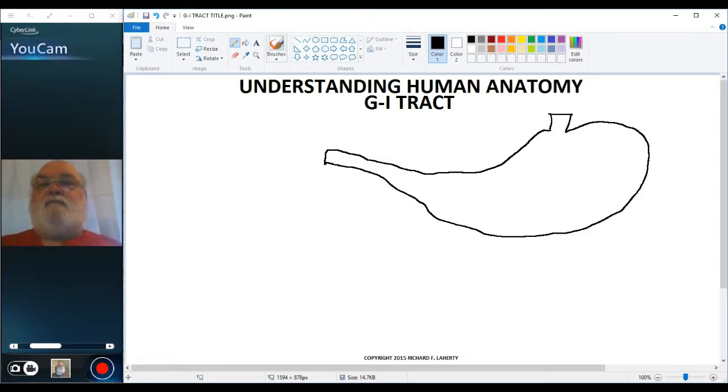So, if I color this in, like so. So this is the stomach.